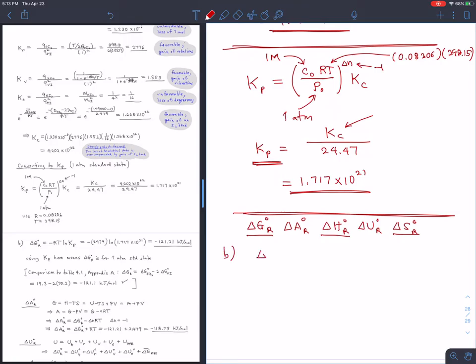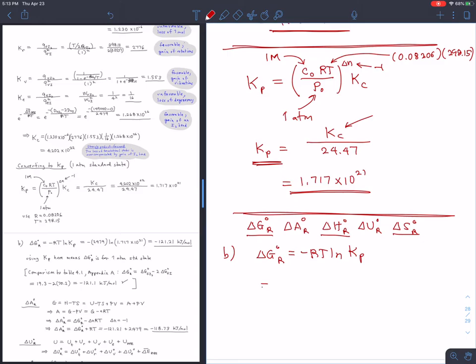For delta G of reaction, we can use minus RT log of Kp now, if we want to compare to the tables. If we put a Kc value in there, there's nothing wrong with that, but it would give us a delta G value for a 1 molar standard state, so it wouldn't be comparable to the tables. So let's use the Kp value.